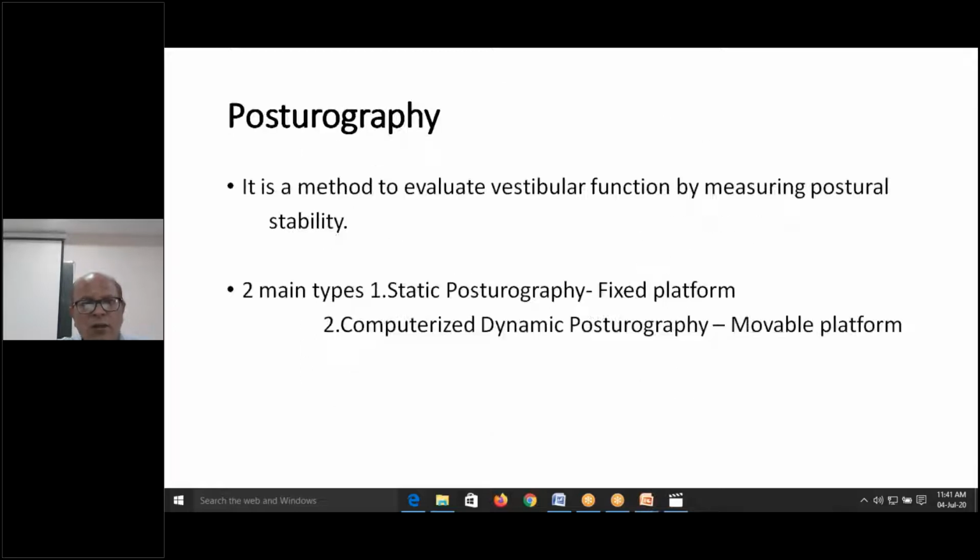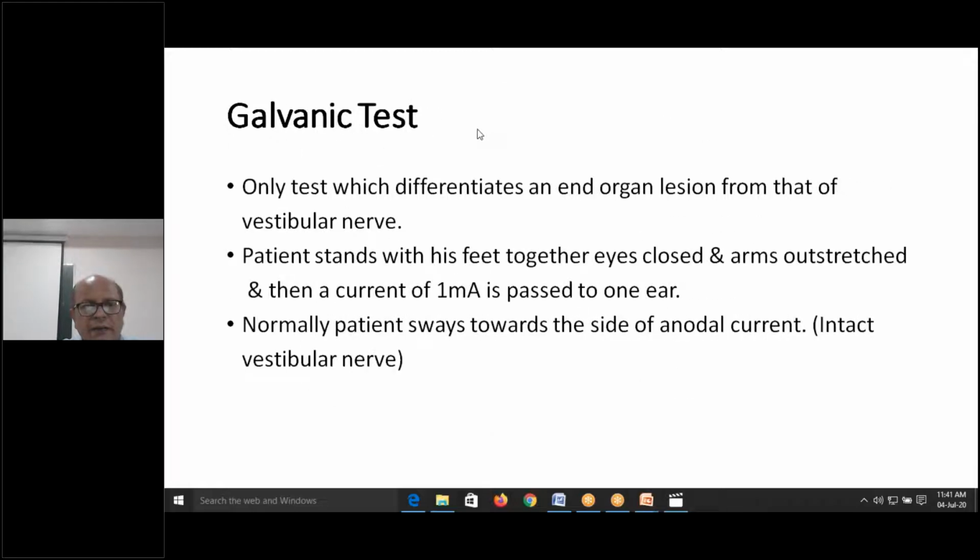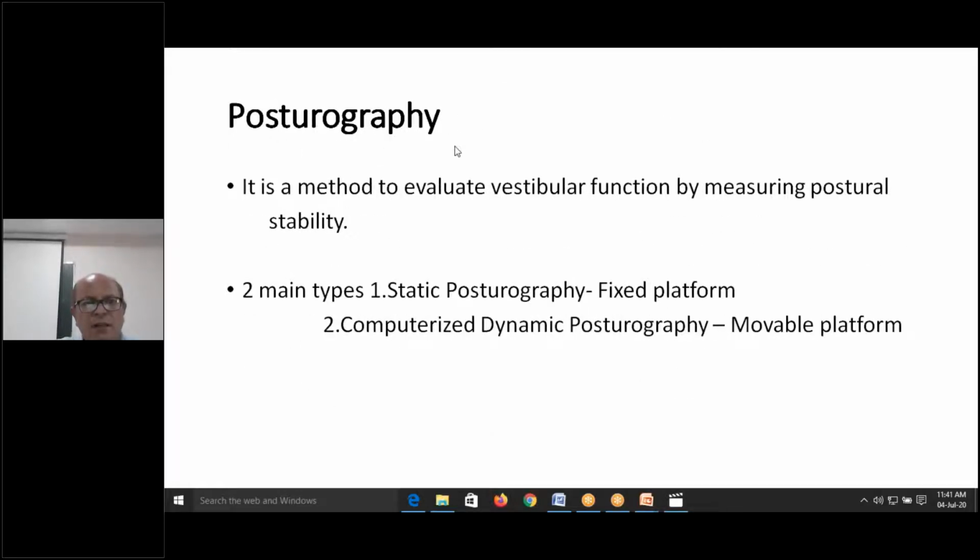I don't want to go into the detail of this galvanic test and posturography. So you remember that posturography and the galvanic test test the vestibulospinal reflex, and all the rest of the tests which we have discussed till now are for the vestibulo-ocular reflex. Am I clear?